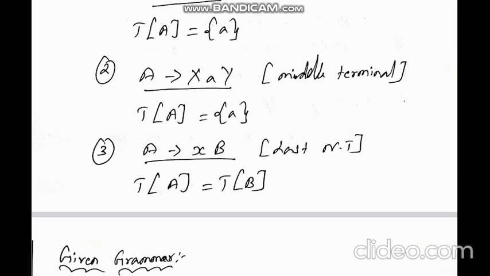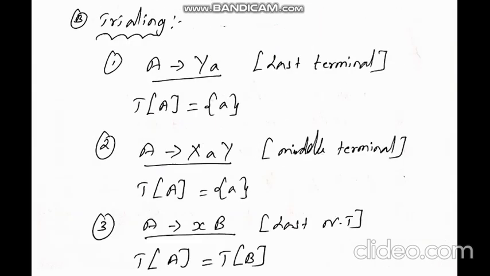You can check it over here: A tends to small x capital B. So the left hand side non-terminal is finding a last non-terminal in the right hand side. The property is rewritten as trailing of A is equal to trailing of B. So these are the rules applied for step number 1, and we are going to perform operator precedence with this approach.